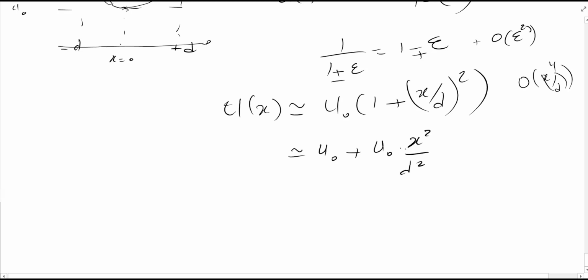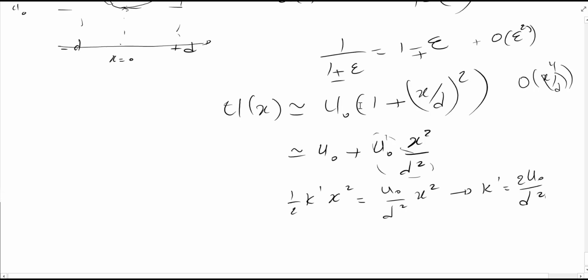This term is going to be 1/2 of k prime x squared, equal to u naught over d squared times x squared. So k prime must be equal to 2 u naught over d squared.